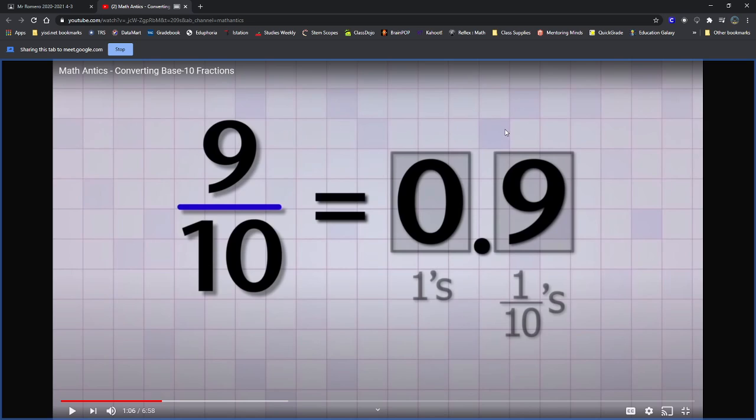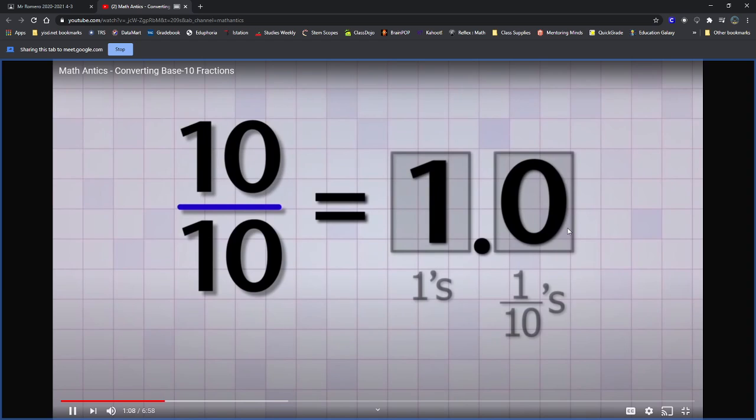The numerator tells you what goes into that place value. So he showed us some different ones, like if the numerator is 2, the number in the tenths place is 2. If it's a 9, the number in the tenths place is a 9. If it's a 1, the number in the tenths place is a 1. Whatever your numerator is, that's what goes into the tenths place.